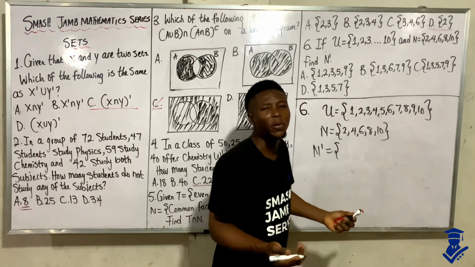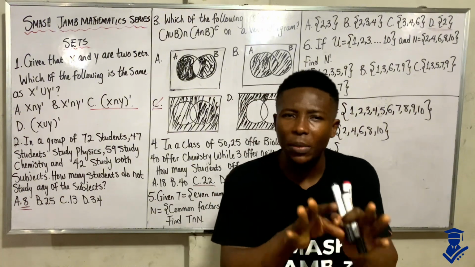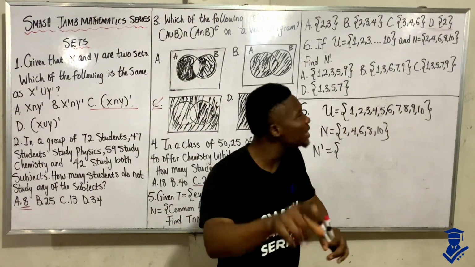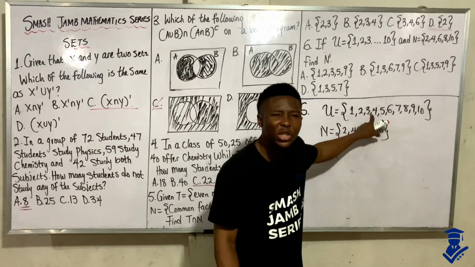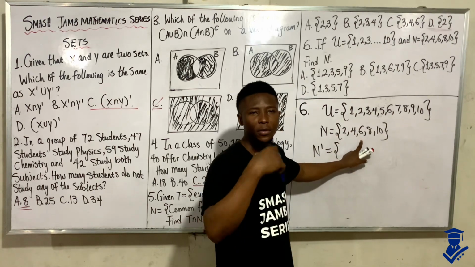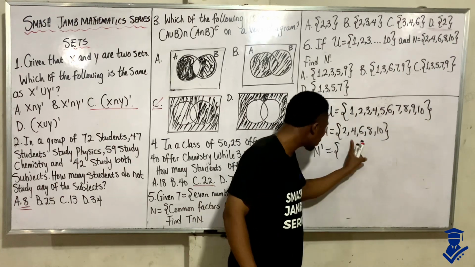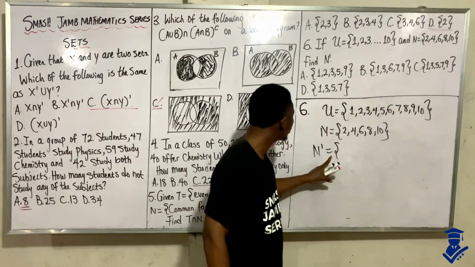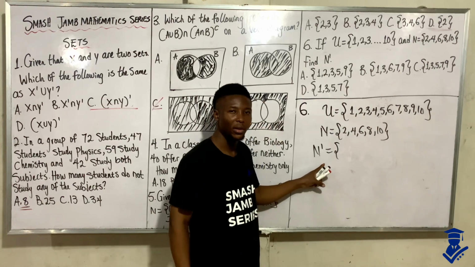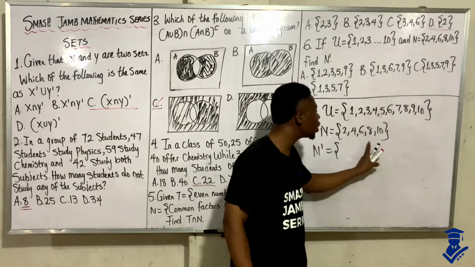Now what is n complement? A lot of students are always confused when they see this. N complement simply means, what can you find in the mother set, which is the universal set, that is not in the set n itself? What are you seeing in the universal set that you're not seeing in set n?